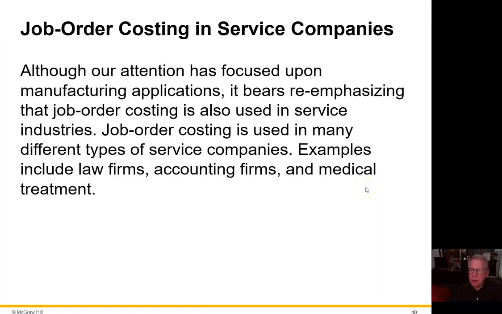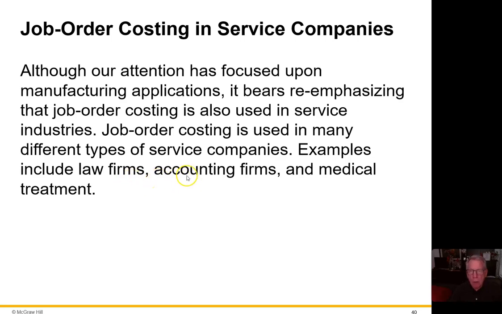Now, as we transition back to our PowerPoint for the Brewer text, we also know that we use job order costing not just for manufacturing, but for service companies too. So if you're a law firm, for example, or for that matter, an accounting firm, you have different clients and different costs associated with each of those.